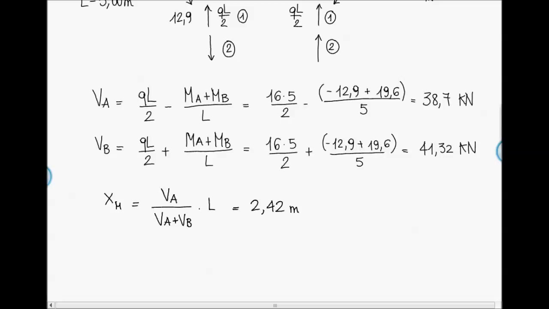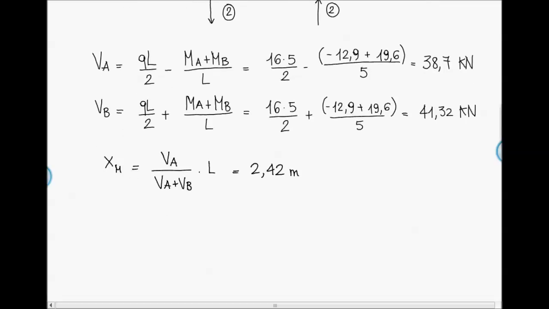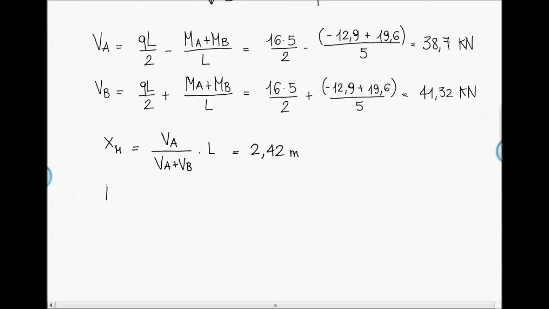And then by knowing this position, we can also calculate M max, which is equal to VA, the shear in A, by xm, minus Q xm squared over 2, minus MA.